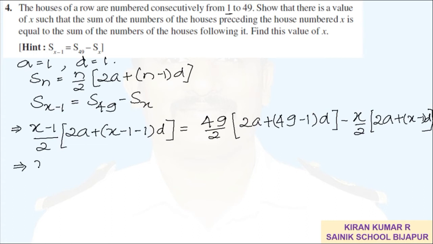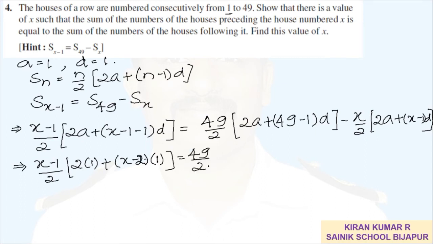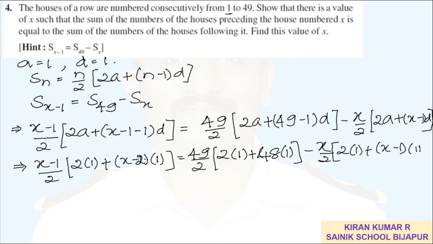We will be getting x minus 1 by 2 multiplied to 2 times of 1 plus x minus 1 is minus 2, x minus 2 times of, instead of d, substitute 1, which will be equal to 49 by 2 times 2a, which is 2 times of 1, plus 48 multiplied to 1, minus x by 2 times of 2 times of 1 plus x minus 1 into 1.